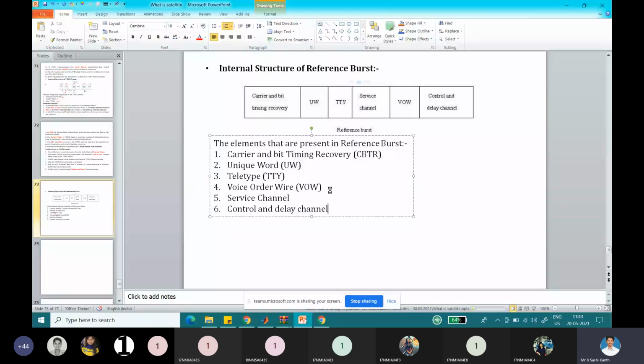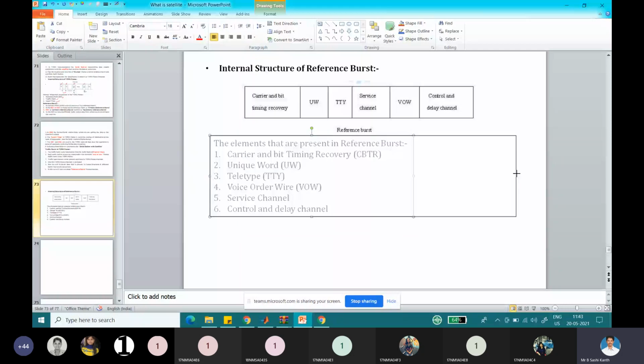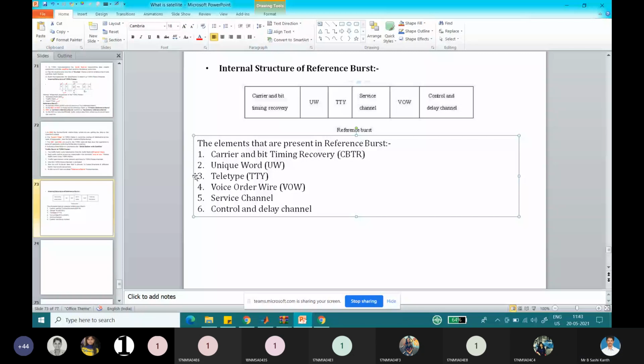So these are the elements that are present in the internal structure of the reference burst that we are discussing now. We'll discuss each and every point in detail. What is meant by CBTR, unique word, teletype, voice order wire, service channel, and control and delay channel. We will study all of these separately.